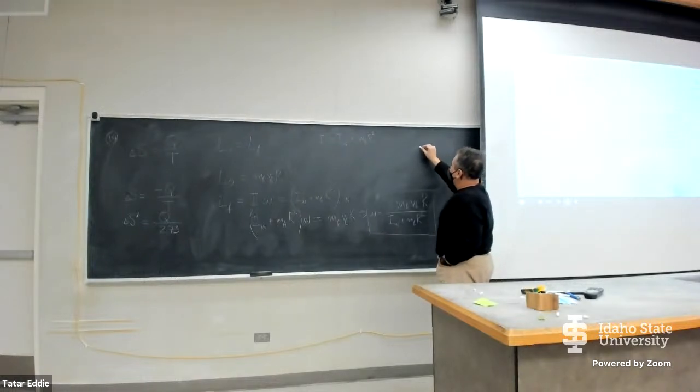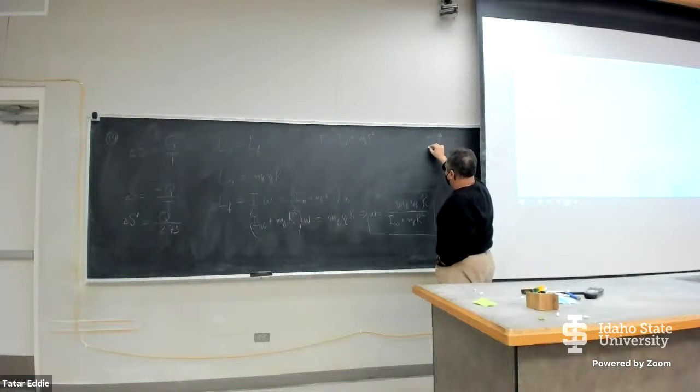You can think that this bullet is moving with the speed of the bullet, and that at that instant its angular velocity is equal to the speed of the bullet divided by the radius of rotation.